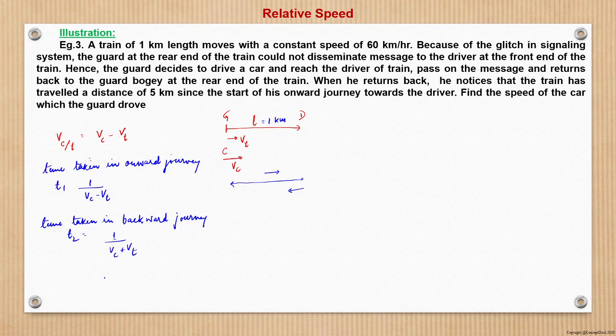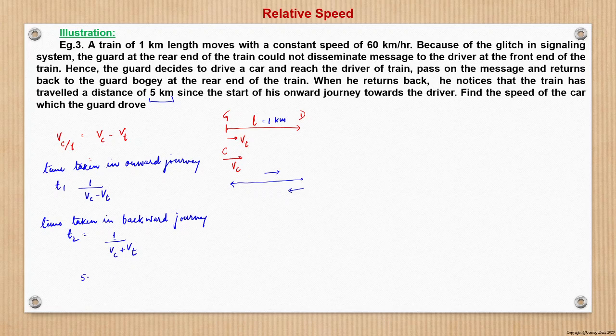Now this is the total time. So in time T1 plus T2, the guard has gone to point D, met the driver, and come back again to the guard's bogie. In effect, in the total time T1 plus T2, he observed that meanwhile the train had moved 5 kilometers. The train's speed Vt is 60 kilometers per hour.